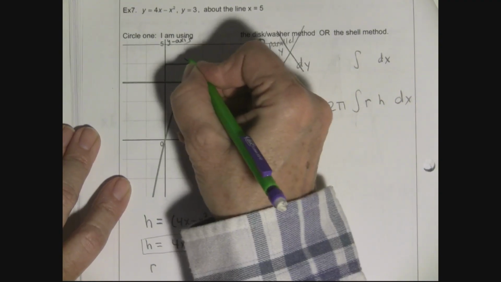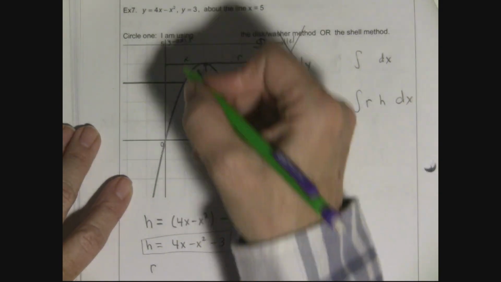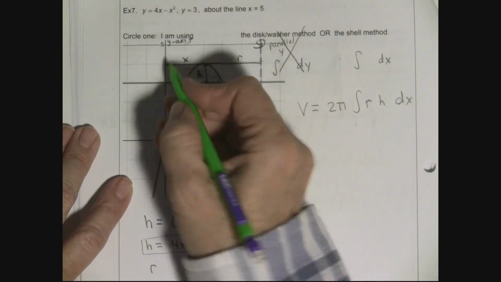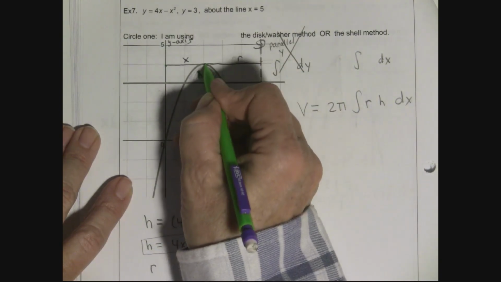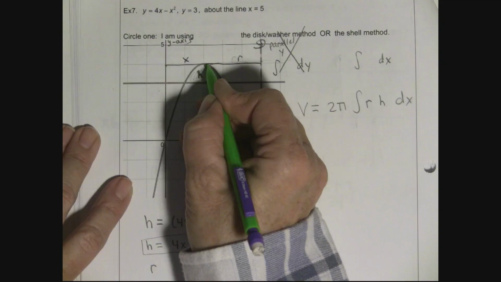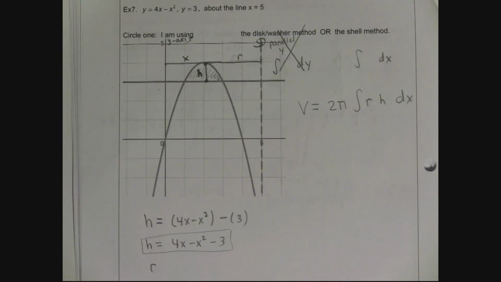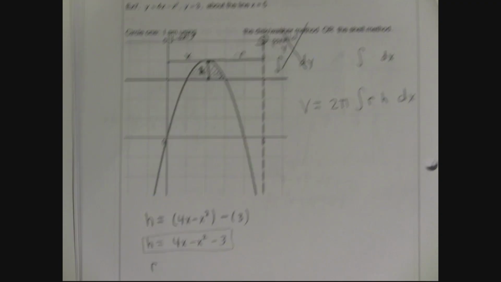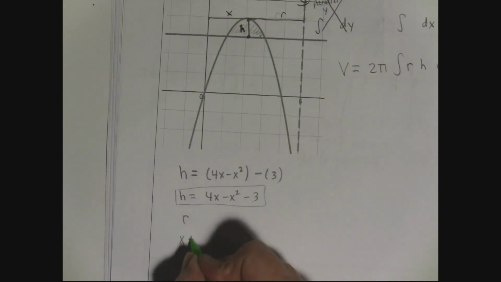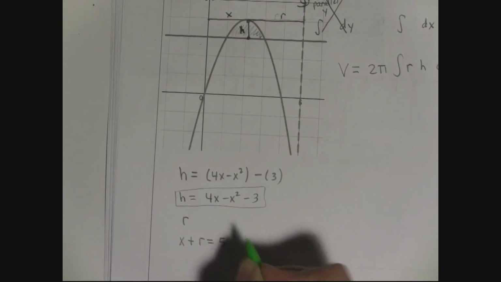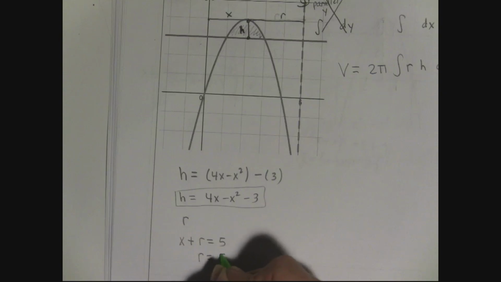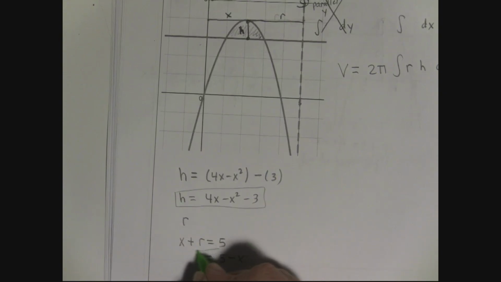This is called x, right? The distance from the y-axis to any point, you have to go to the side. So that's called x. And now I have that same story. x plus r equals 5. So that means that r equals 5 minus x.